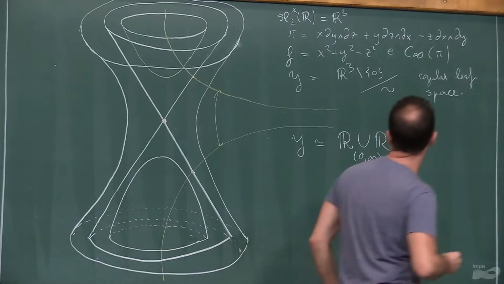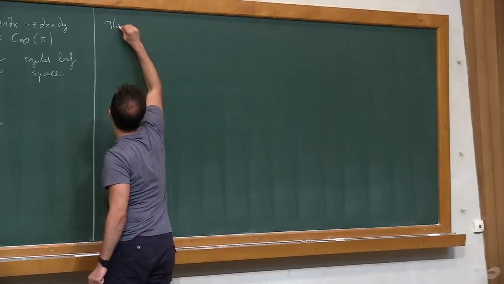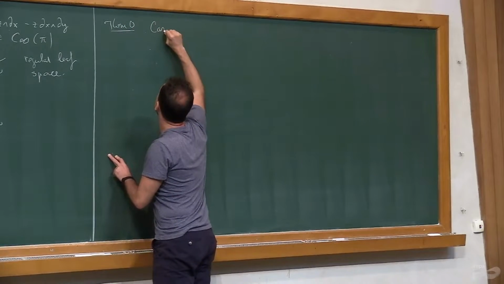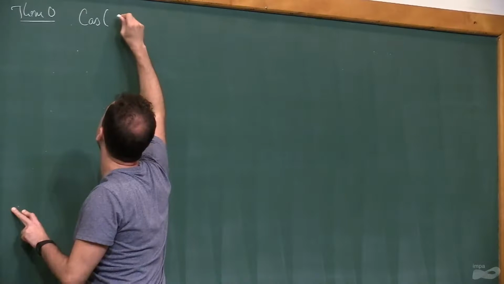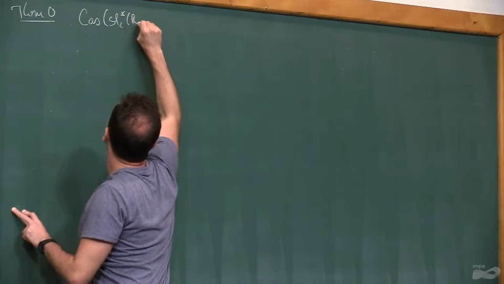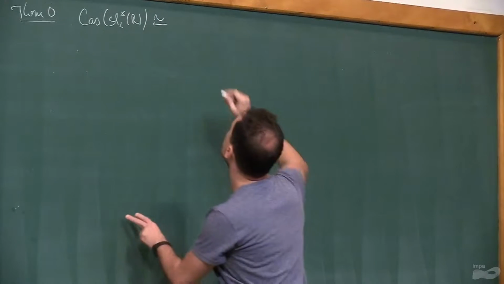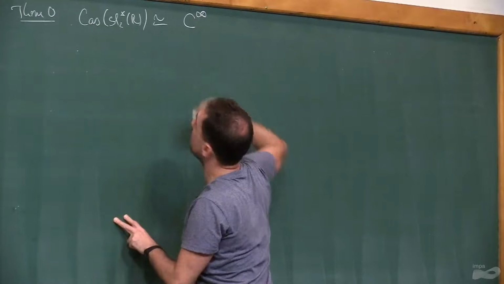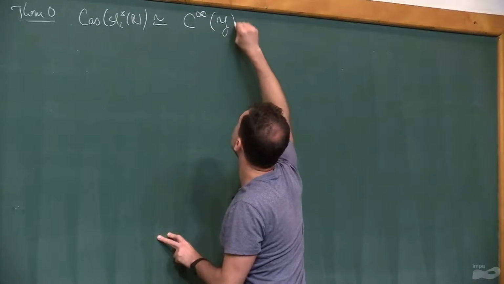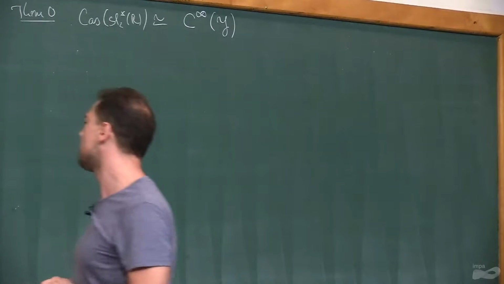The theorem 0, which is basically something that you prove just by checking things, is that the space of Casimir functions for SL2R is isomorphic to the smooth functions on this regular leaf space Y. And how can we think about the smooth functions on this space?